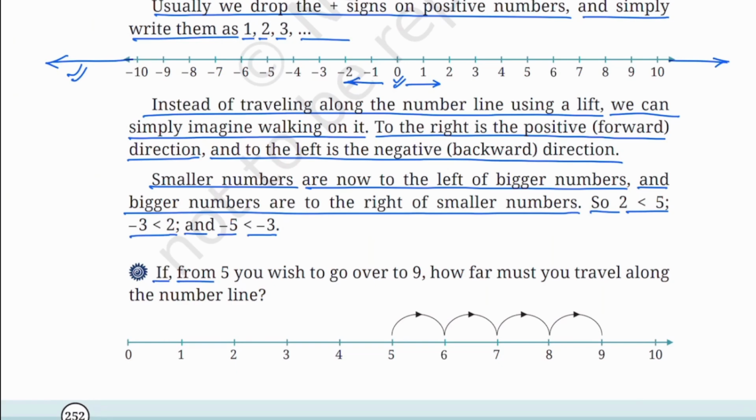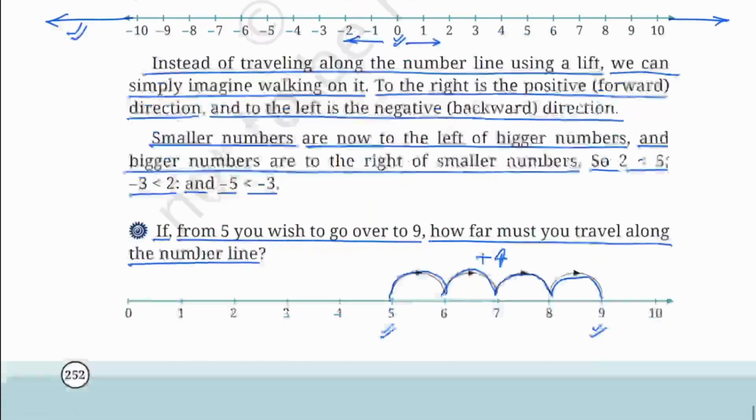If from 5 you wish to go to 9, how far must you travel along the number line? Starting point here, end point here: 1, 2, 3, 4. You have to add 4.